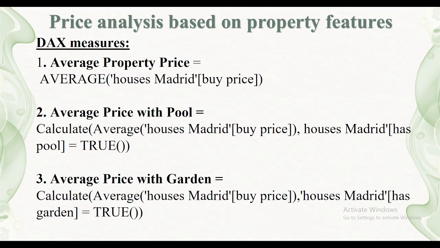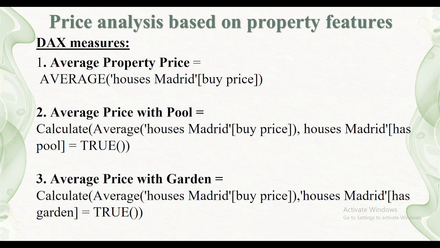Then, average price with a pool: in the house measure data set, the buy price column has the price, but I want to calculate the average buy price only for the properties that have a pool. So I have given a formula as average of house measure buy price, followed by the house measure has pool column.